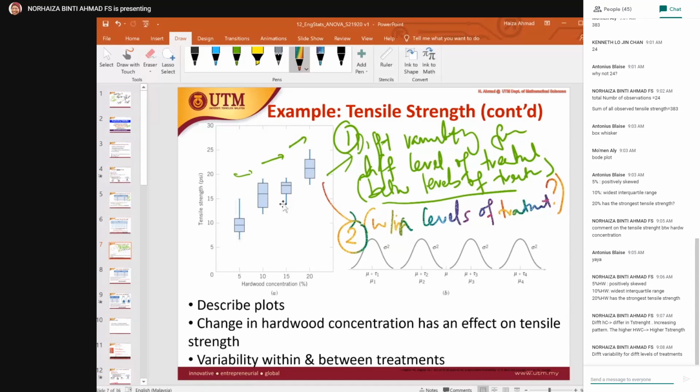What about the rest? That means, what does it mean when it's positively skewed? It means the observations here are not similar, so you also have variability within that. You can also observe different variability.